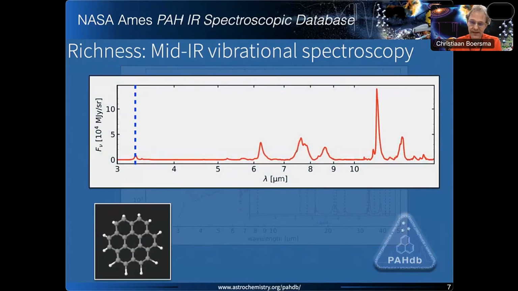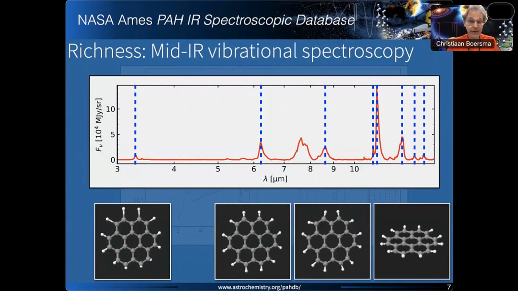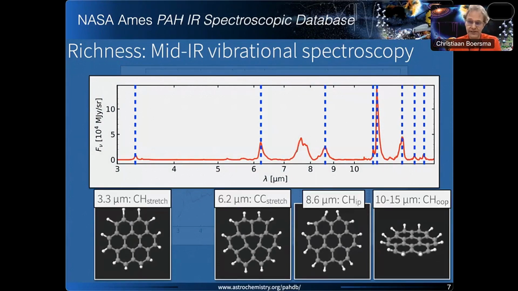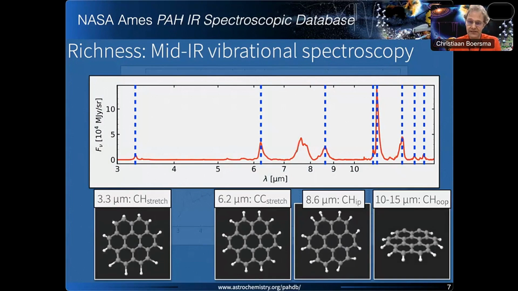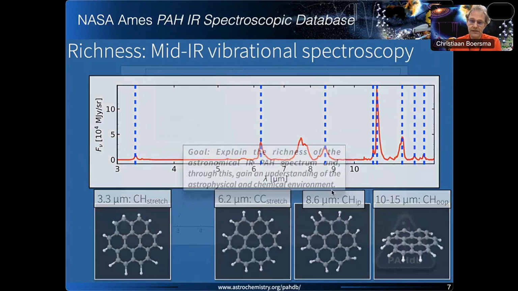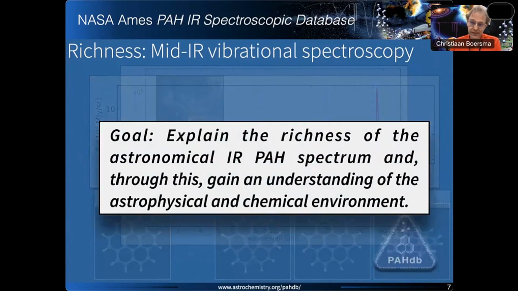Zooming in, many of the bands can be attributed to fundamental vibrations in PAH molecules. Here these are depicted for the 3.3, 6.2, 8.6, and the 10 to 15 micron bands. The main goal is to explain the richness of the astronomical infrared PAH spectrum, and through this gain an understanding of the astrophysical and astrochemical environment.